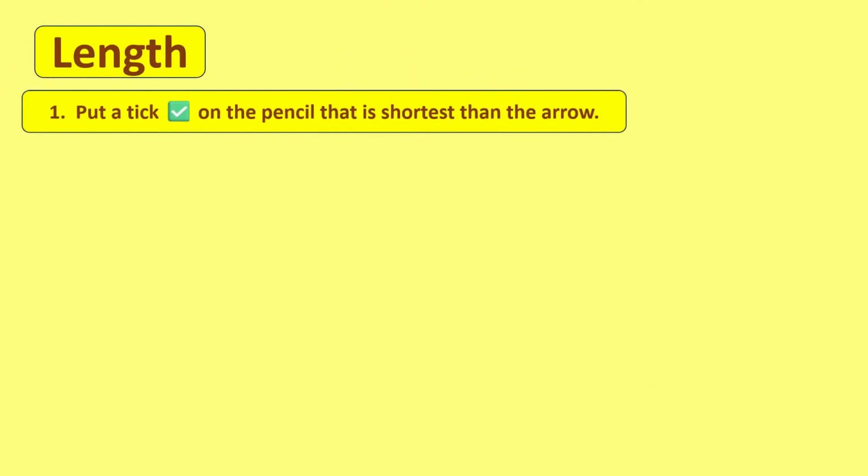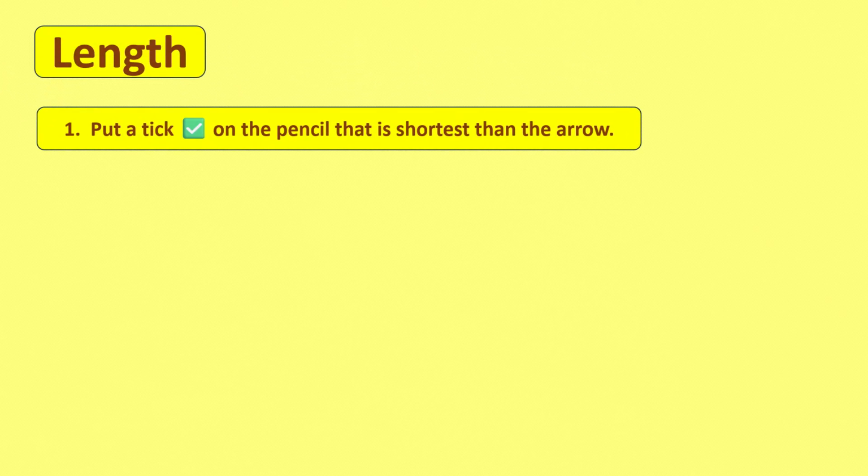Now we are talking about the second most important point about length. Okay, how do we measure length, or what is the meaning of length? So look here.